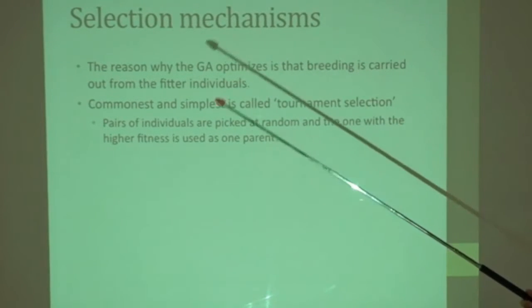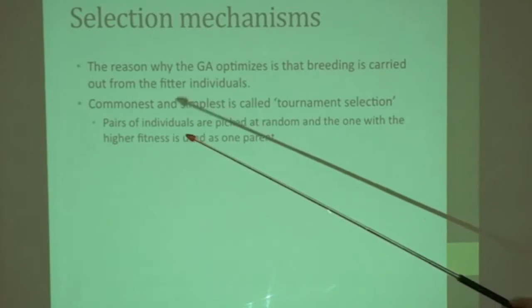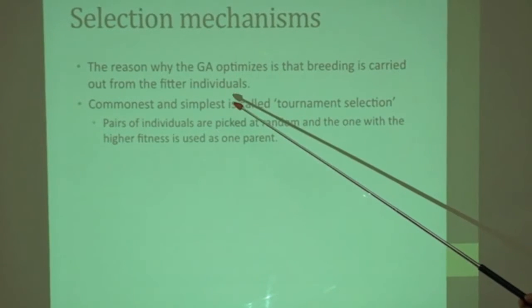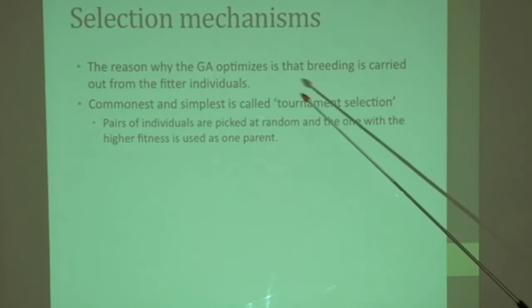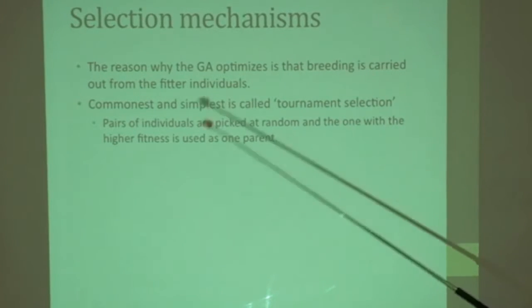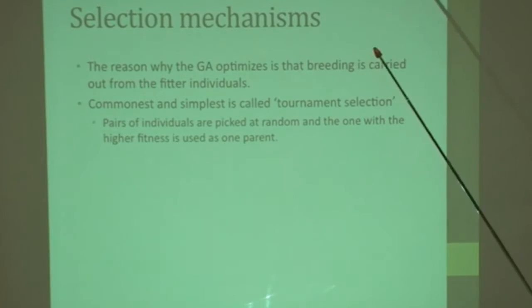Next, selection mechanisms. The reason why the genetic algorithm optimizes is that breeding is carried out from the fitter individuals.